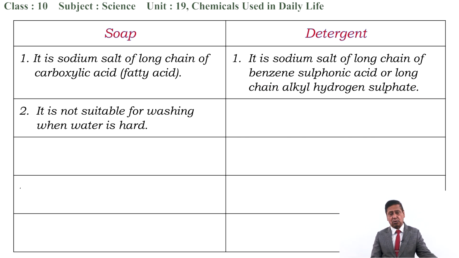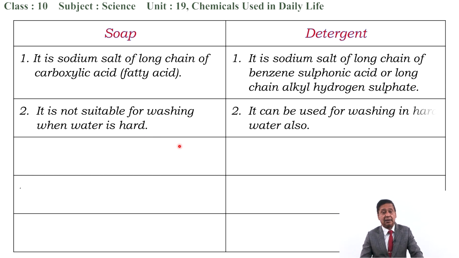Second, soap is not suitable for washing when water is hard, but detergent is suitable for washing even in hard water. This is one of the interesting and important points. Soap is not suitable for washing cloth if water is hard, but detergent can be used. What does it mean?